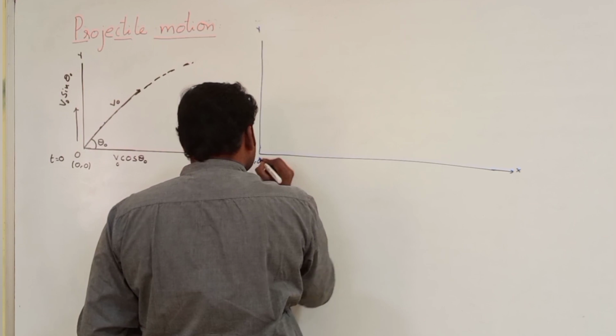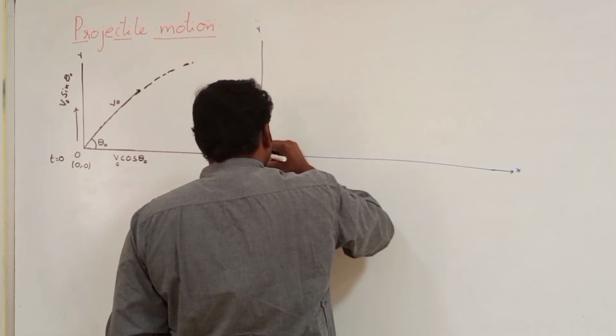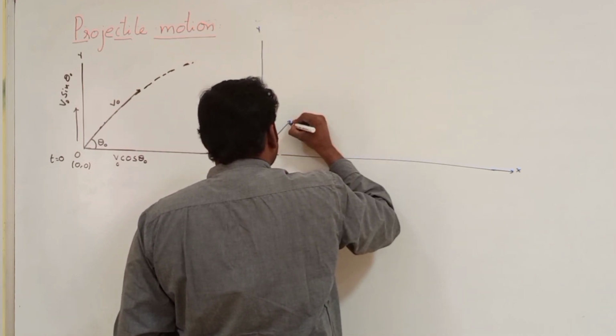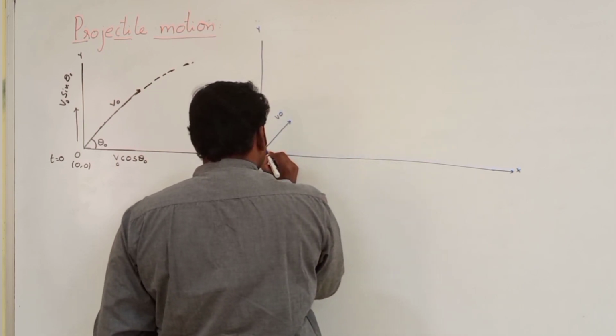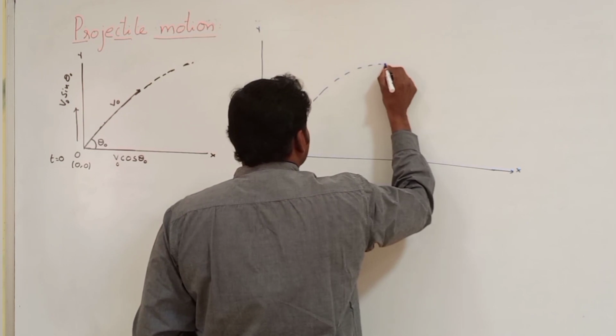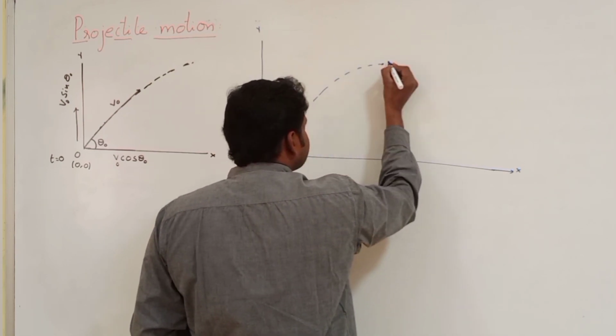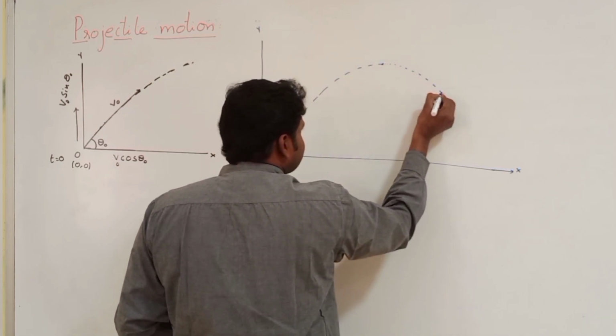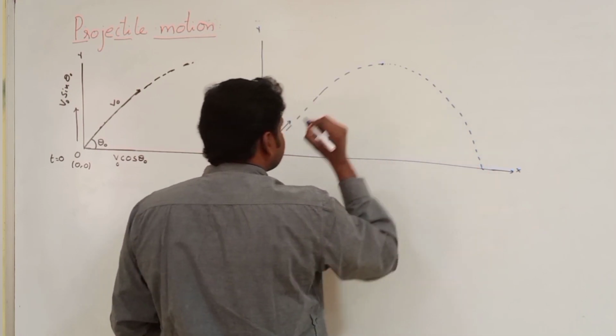At 0, 0, the body is thrown with v naught, making an angle theta naught, so that it goes to maximum height and then reaches the same ground again like this.